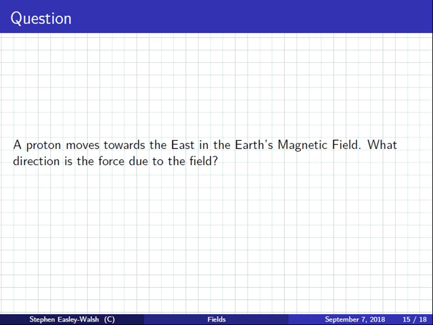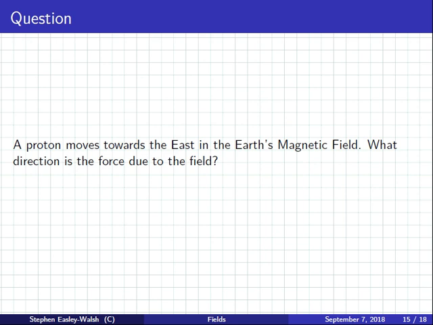Okay? And if the proton is heading east, the proton is going that way. So the current is going that way. So I use my left hand rule now. This finger is for the field, so that's that way. This finger is for the current, which we said is to the east, which is that way. So the force is up. So if the proton is moving this way, it will feel a force that causes it to turn up.